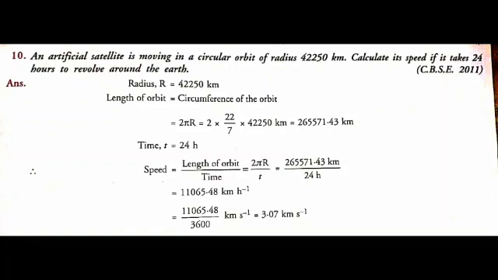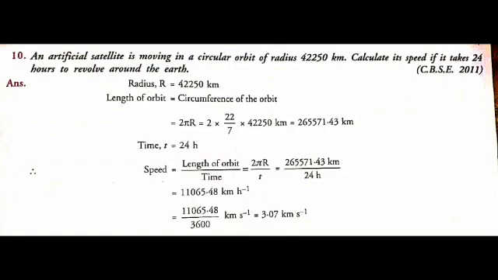Length of orbit is equal to circumference of the orbit, which we can calculate using the formula 2 pi r. So putting the value, we have 2 into 22 by 7 into 42,250 kilometer, which gives after calculation 2,65,571.43 kilometer. Please check this after your own calculation.